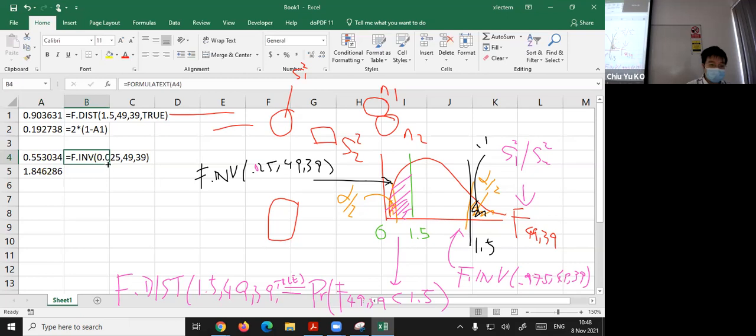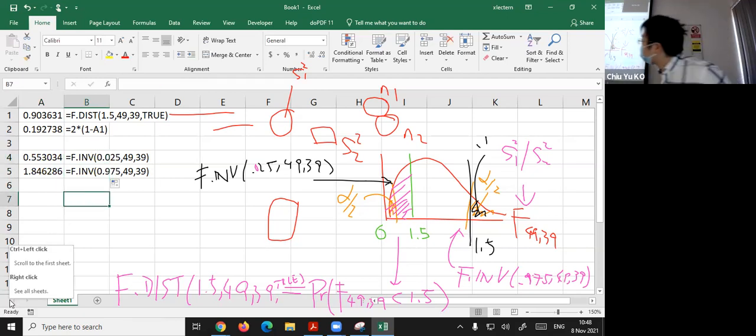I hope this can convince you. This is how we do it, right? This 1.8 is here, 0.5 is here. So this 1.5 is within these two critical values, so you can't reject. The left side value is 0.55, the right-hand side is 1.8.